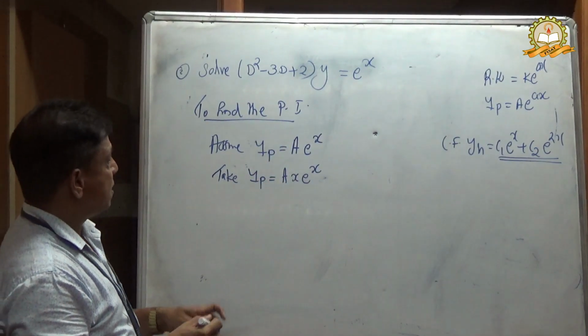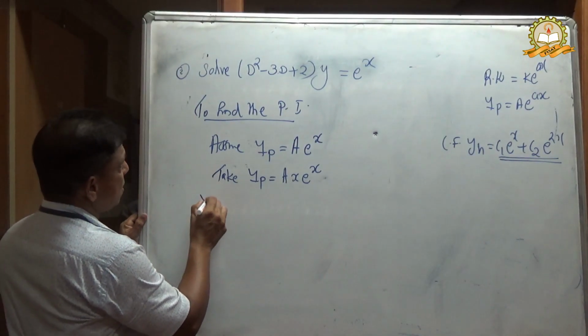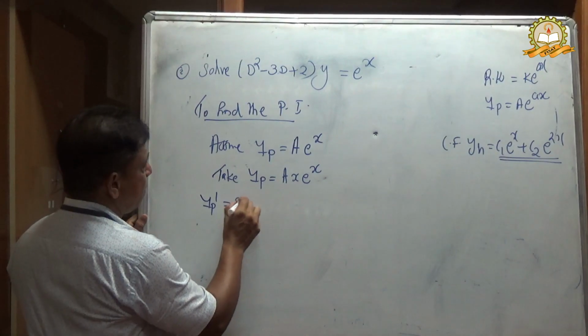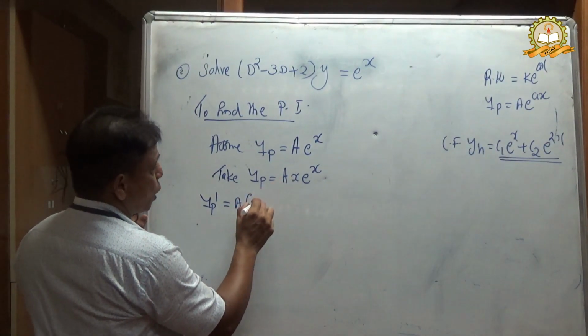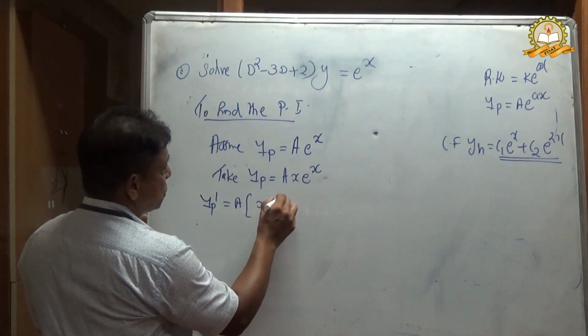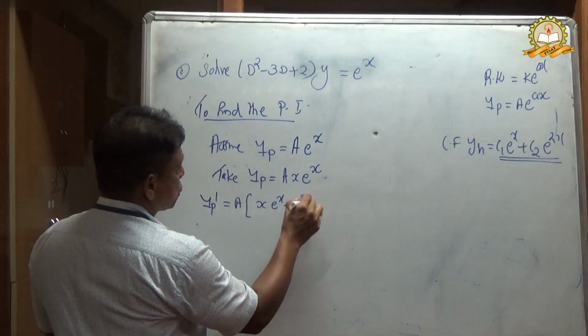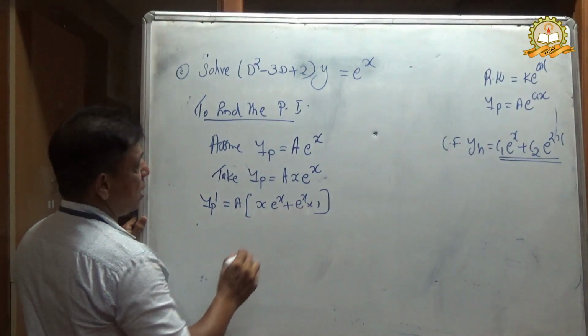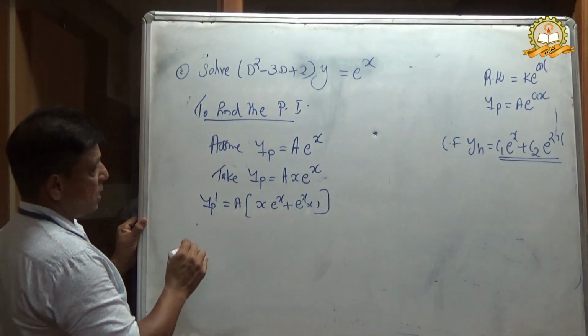Then after that, we take the derivative yp dash. Here we apply the product rule: x into e raised to x plus e raised to x into 1. This is yp dash.